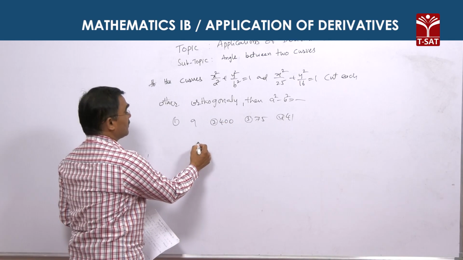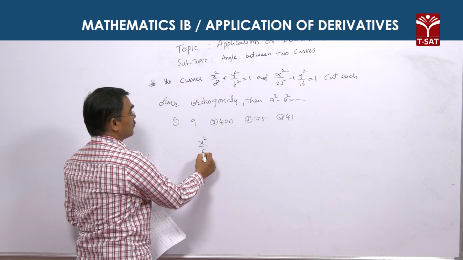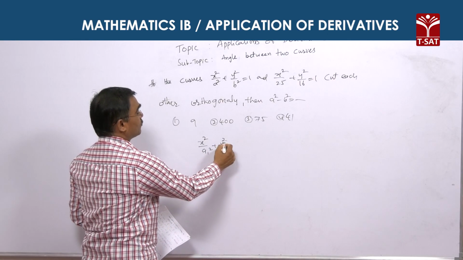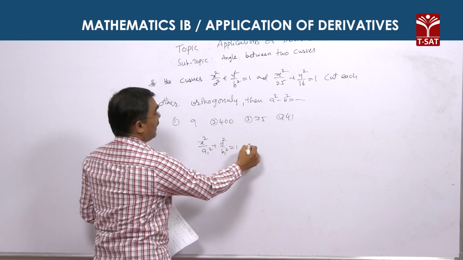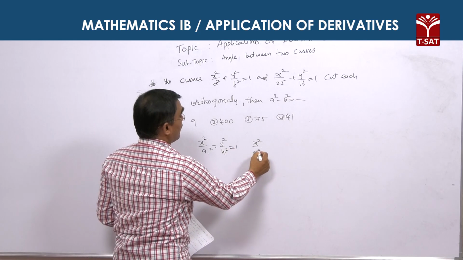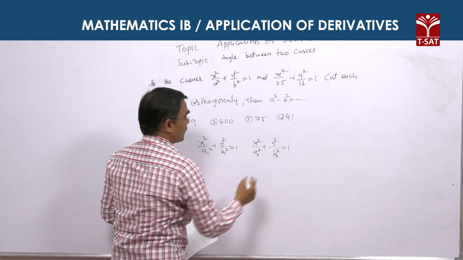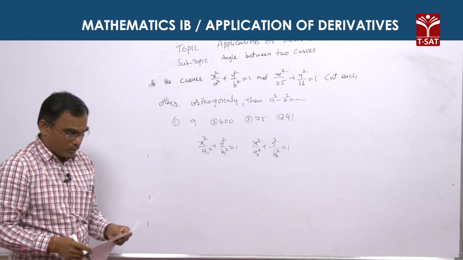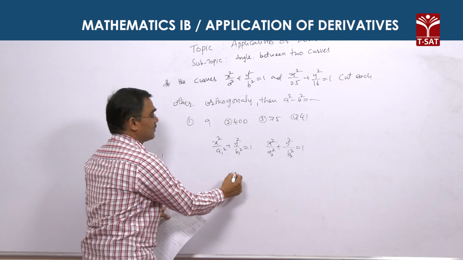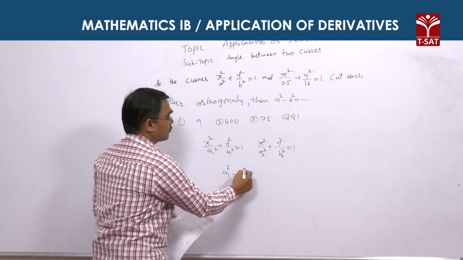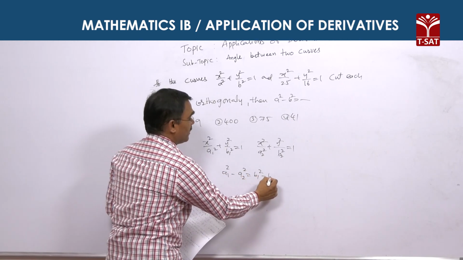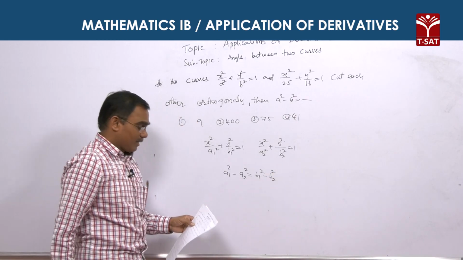We know that for the two curves x square by a1 square plus y square by b1 square is equal to 1 and x square by a2 square plus y square by b2 square is equal to 1 cutting orthogonally, the condition is a1 square minus a2 square is equal to b1 square minus b2 square. This is the required condition.